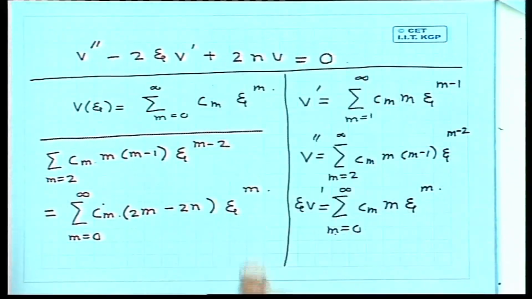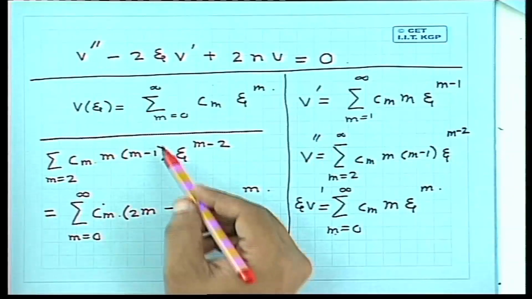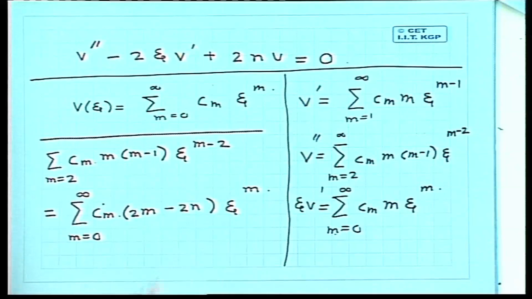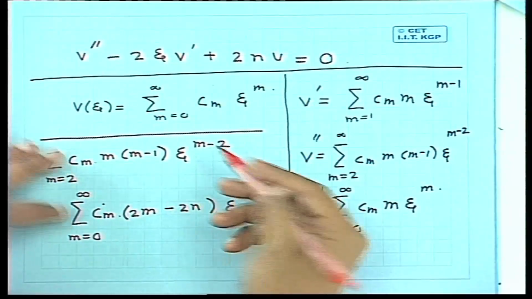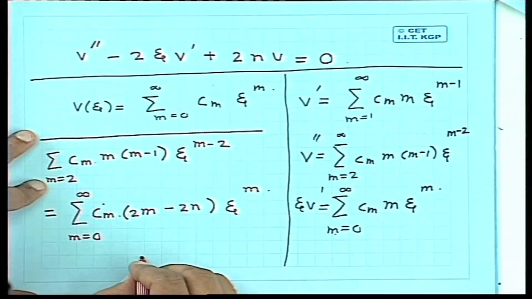So this equation gives us an equality between these two quantities. Now these two quantities should match for every power of xi. So if we equate the coefficients of some fixed power of xi, let us take some power s.